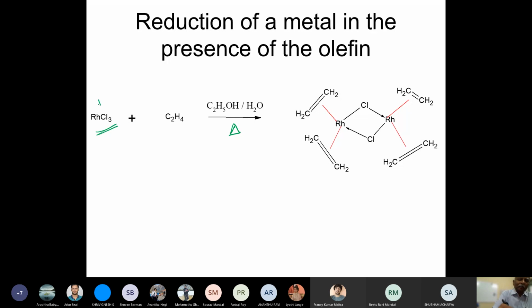Rhodium is plus 3 here. Rhodium is plus 1 here. So what's the reducing agent? Shubham, I'm going to give the methanol. Sorry, ethanol is the reducing agent.